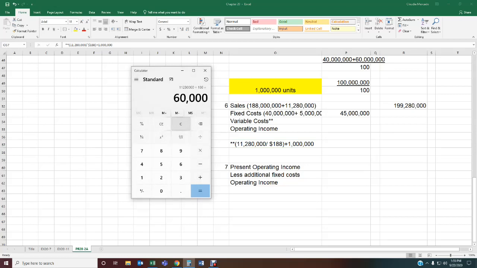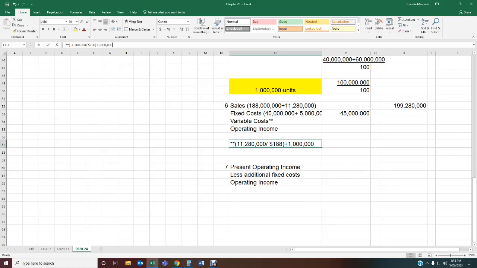That gives me 60,000 plus 1,000,000. Okay, that gives me 1,060,000. So my variable cost, we now know, is 1,060,000 units.